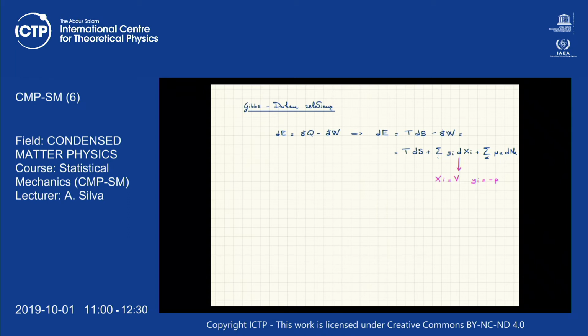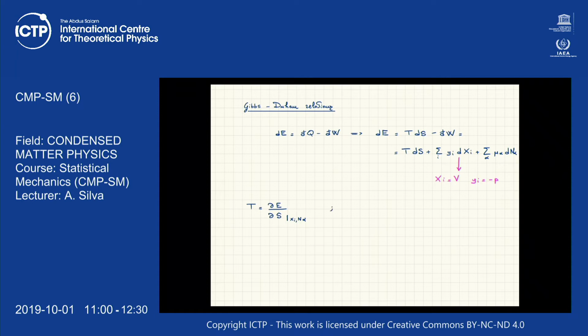All right. In particular, this relation implies something very simple: if I want the temperature, this is going to be equal to the derivative of the energy with respect to the entropy whenever I fix all the xi and all the n alpha, right?